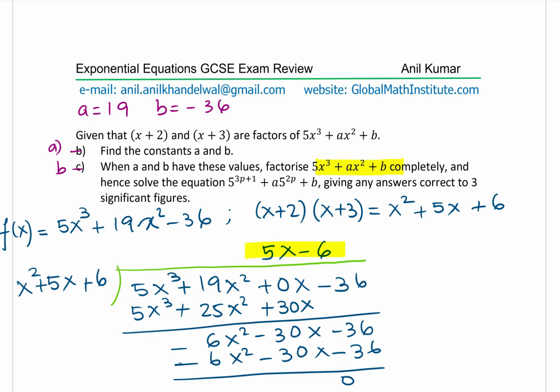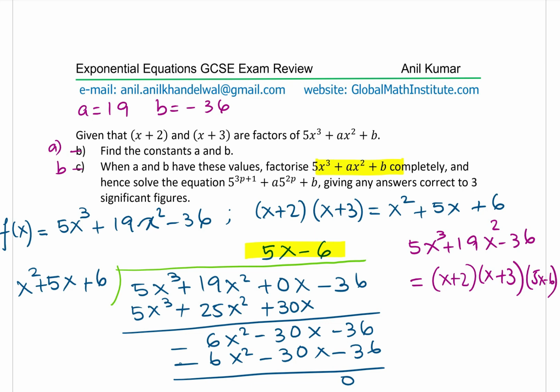So we can now write down that our cubic equation, which is 5x cubed plus 19x squared minus 36, is in fact equal to x plus 2 times x plus 3 times 5x minus 6. Okay, so that is the equation, and these are the three factors.